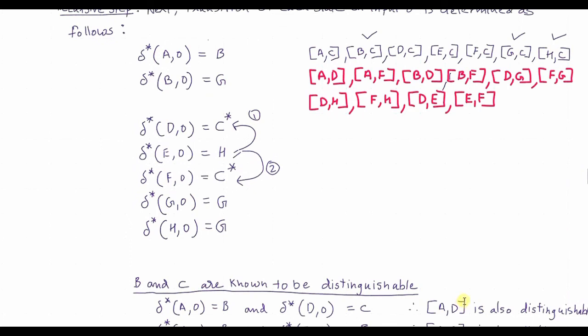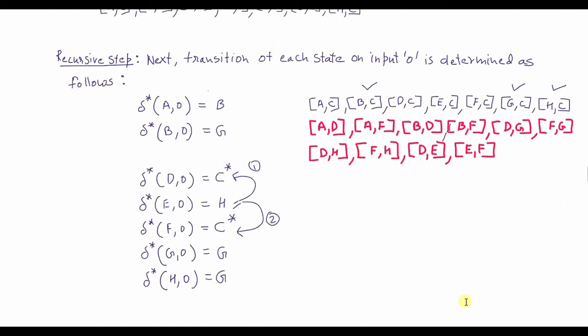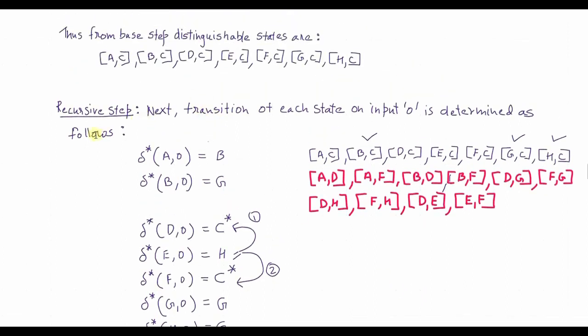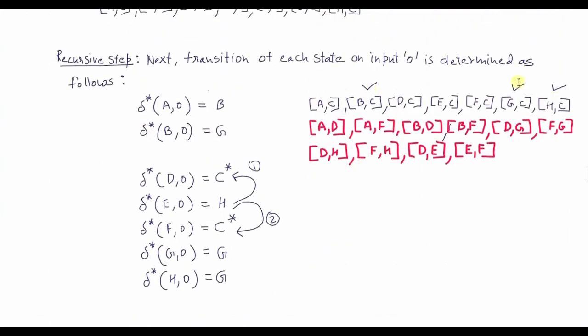Okay, so this is how, in the recursive step, after the base step, in the recursive step, based on how many symbols there are within the input. In my case here there are only two input symbols, that is 0 and 1. So in the recursive step, first what you have seen, each state, transition of each state on input 0, and we have got all the states which we have got so far. These blue colored ones are the states that we found in the base step, whereas these red color ones are the states which we have found in the current iteration where the input considered was 0.